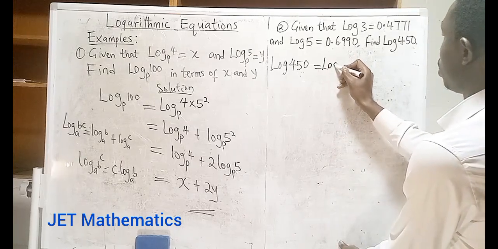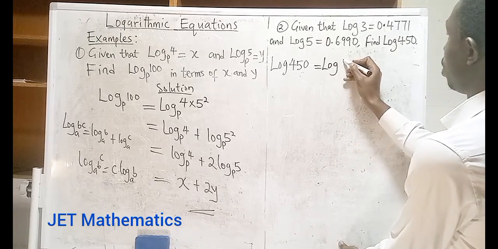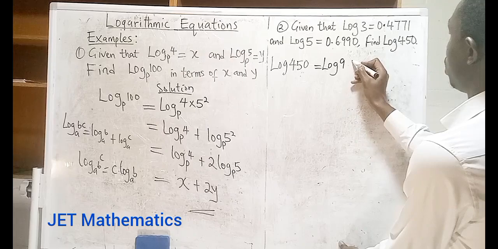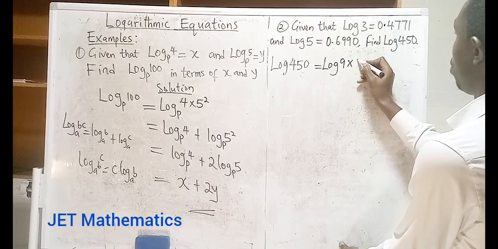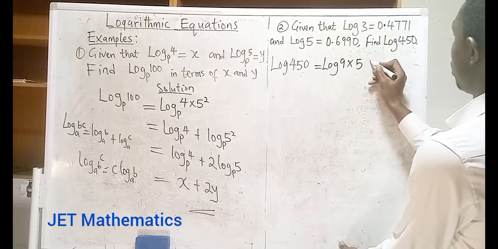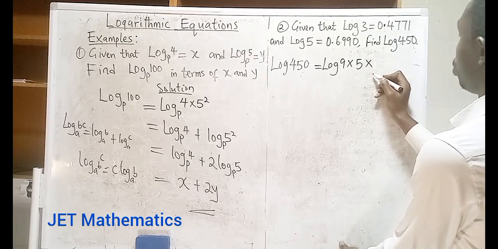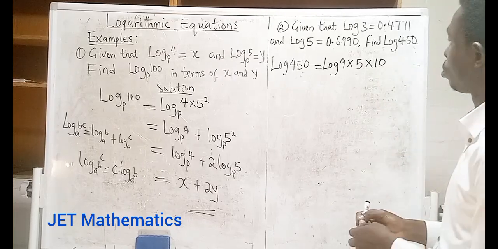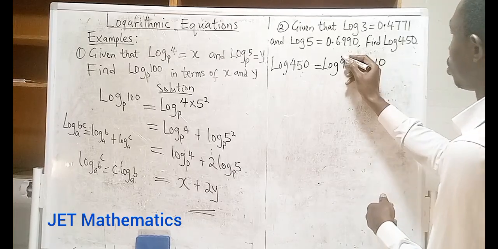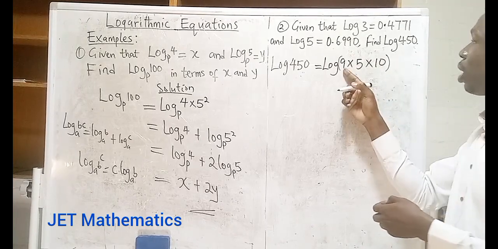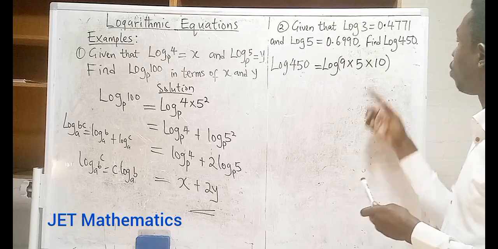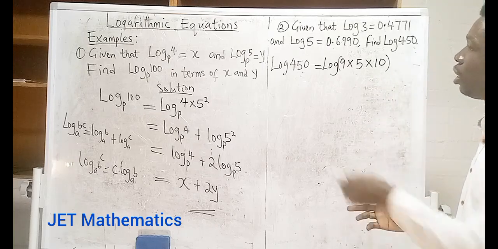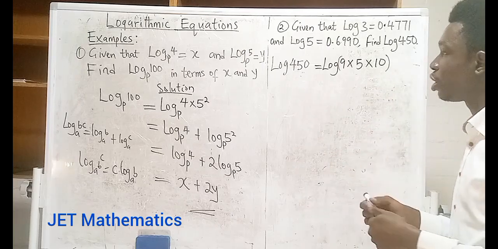So I can write this as log of 9 times 5 times 10. So 9 times 5 is 45, and 45 times 10 is 450. So we haven't changed anything.